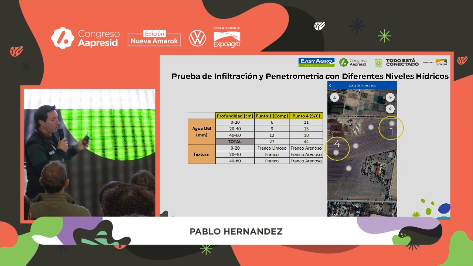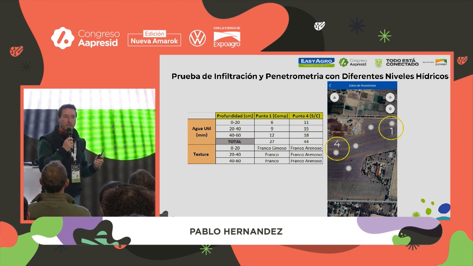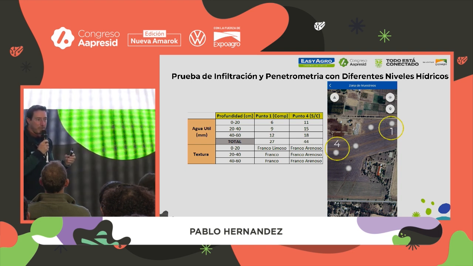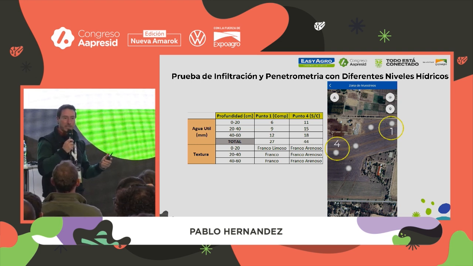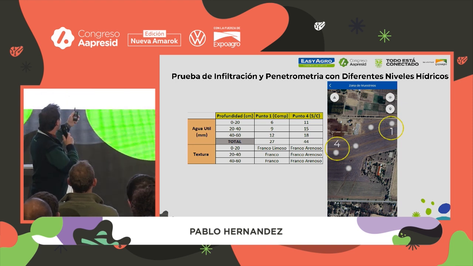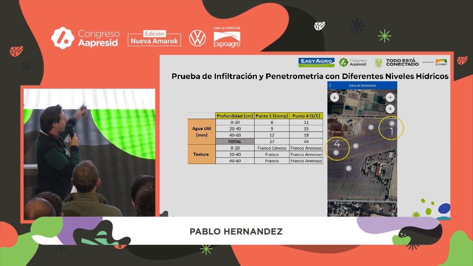In the lot, we also analyzed the texture of the soil as part of the same lot. When you start looking at the details, you can see that the texture is not consistent. It is very important to determine the texture.